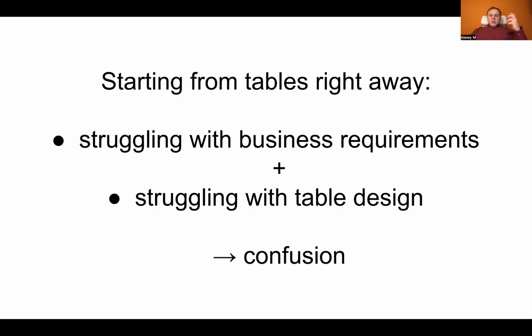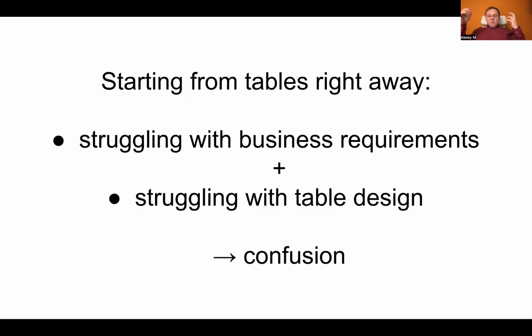What happens when a lot of people, unfortunately, begin straight from tables in this way or the other? Maybe they build an ERD diagram, a physical ERD diagram, that is basically table definitions. What happens here?